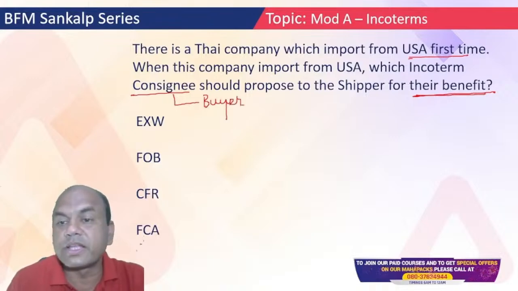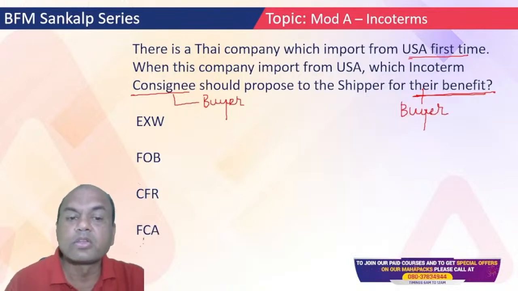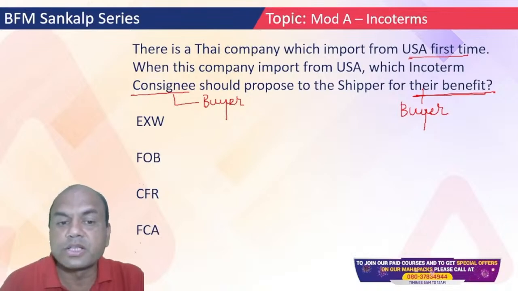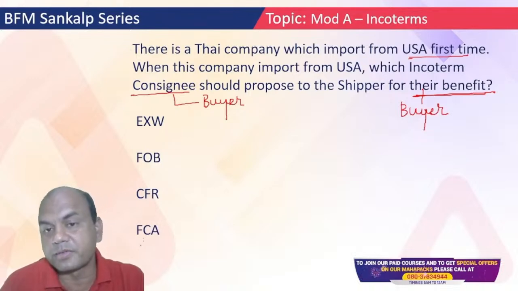So for the buyer's benefit, which Incoterm should this buyer propose to the shipper? Shipper means seller, exporter. Should he propose Ex Works or FOB or CFR or FCA?